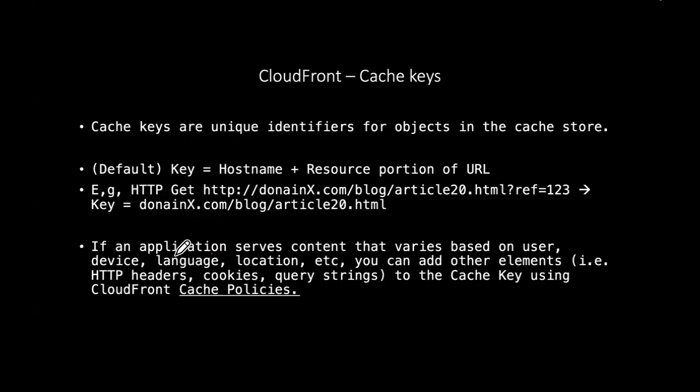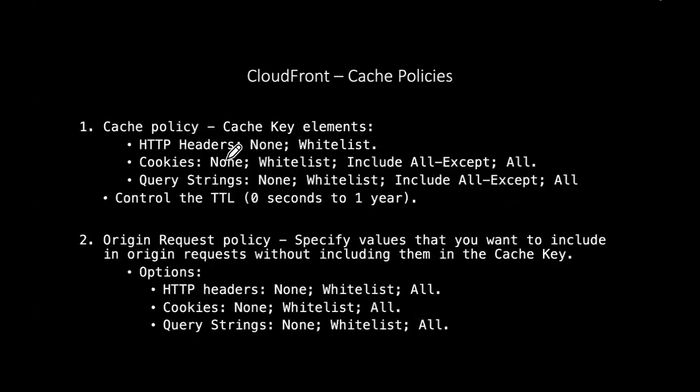The kind of form factor, or these other characteristics of a request from a browser, may all have control over the actual content that they receive back, which means that there are going to be different edge location cache entries for the different characteristics that you're specifying here. And so that's why we have the option of including HTTP headers to form part of the cache key. But anyway, you can have none, or a whitelist.